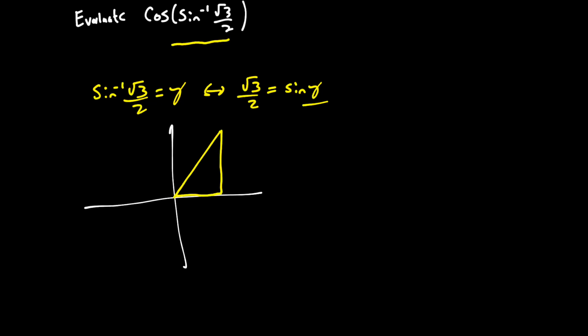The definition of sine tells us that the opposite side of this triangle is going to have length square root of 3, and its hypotenuse is going to have length 2, and so the adjacent side has length 1, and this is going to be our angle y here. So we can go ahead and evaluate cosine at y here, and cosine is again defined to be the adjacent side divided by the hypotenuse, and we get that this is just equal to 1 divided by 2.